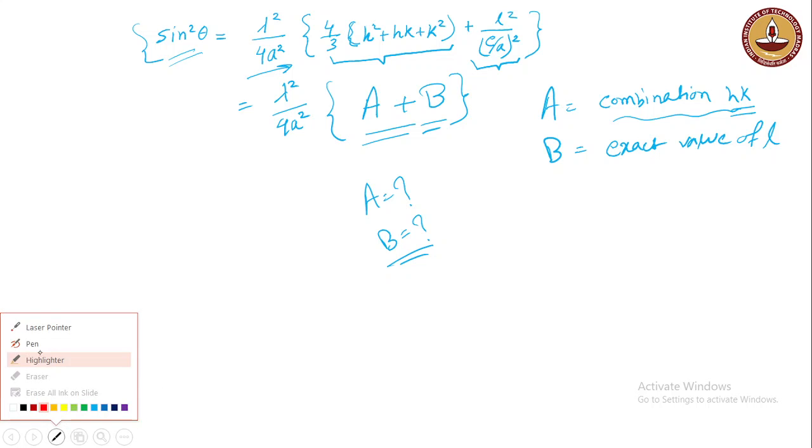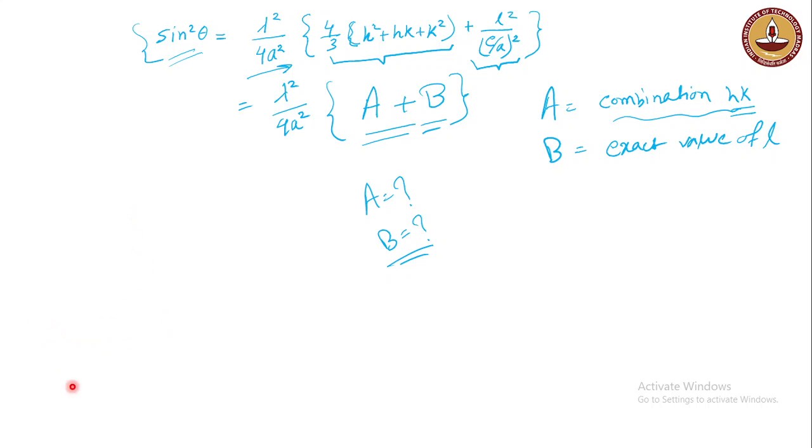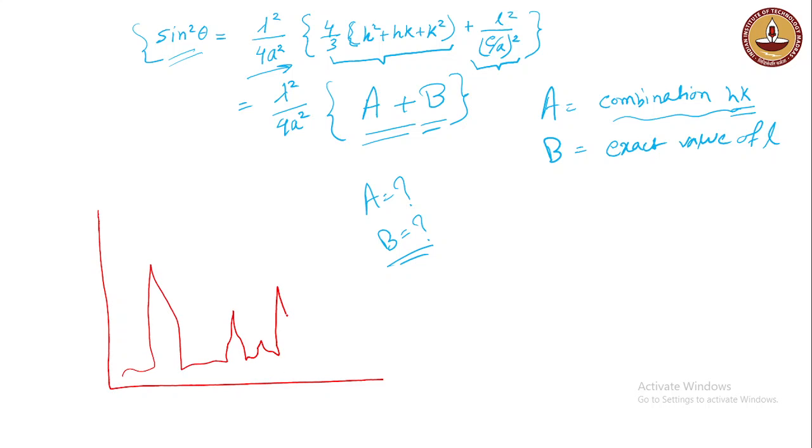Let me take the pen. Our XRD plot will look something like this. Please ignore it. Now, when we analyze as an example, let's say in X'Pert HighScore, what will we get?